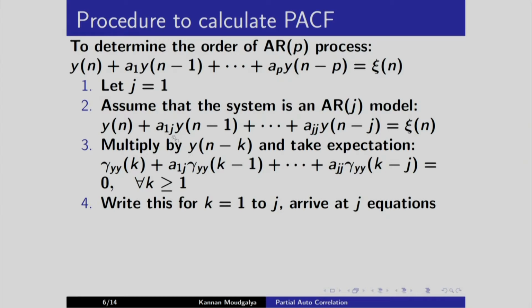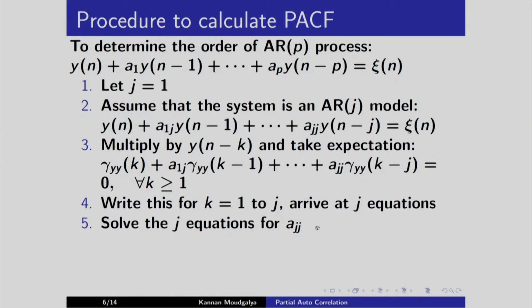That is, you multiply this by y of n minus 1, get an equation, n minus 2, get an equation, y of n minus 3, arrive at this equation, and so on and so forth, arriving at j equations. Do this j times and solve these j equations for ajj, namely the last one that you get here. That is the only thing that we are going to use. You do not have to worry about the previous constants.